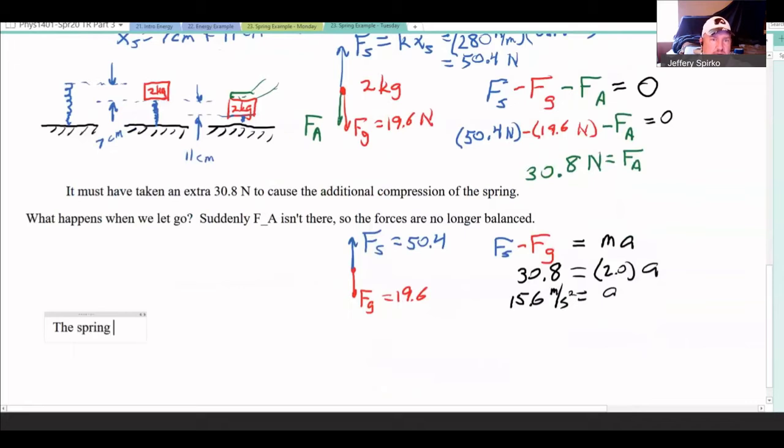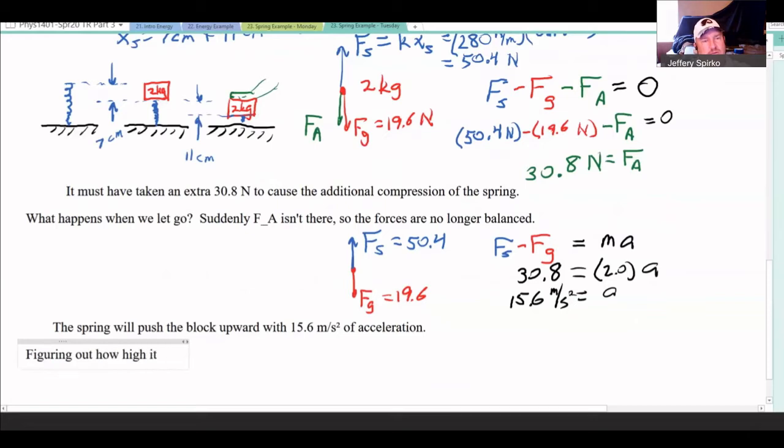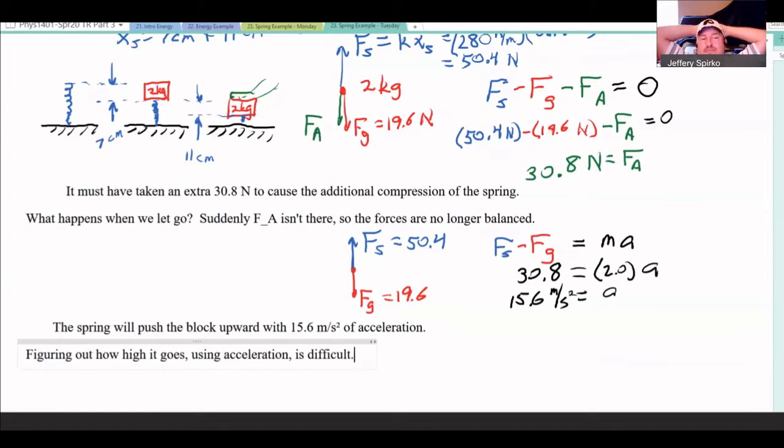So the block will start rising at 15 meters per second squared of acceleration. Now, we could possibly maybe figure out how high it goes using the idea of acceleration, but this is difficult.